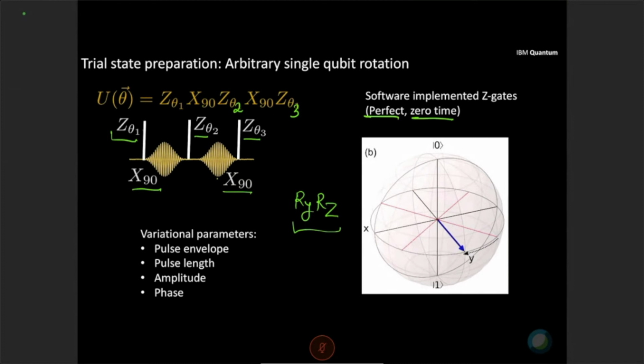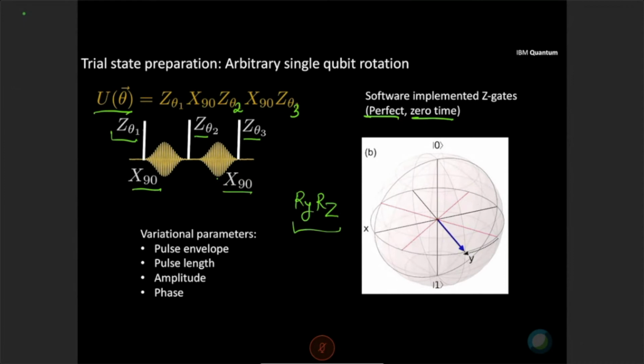So using only these 2 X90 pulses, pi over 2 pulses, you can construct an arbitrary single qubit rotation, which is going to be parameterized by these 3 angles: theta 1, theta 2, theta 3. So 3 angles per single qubit block. But this is one possible choice.